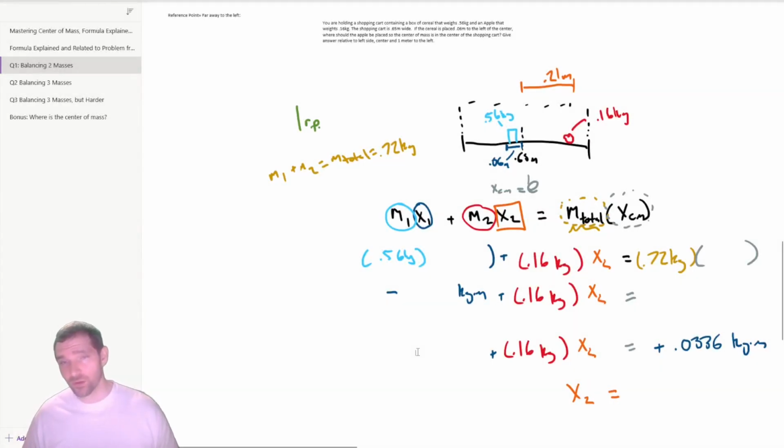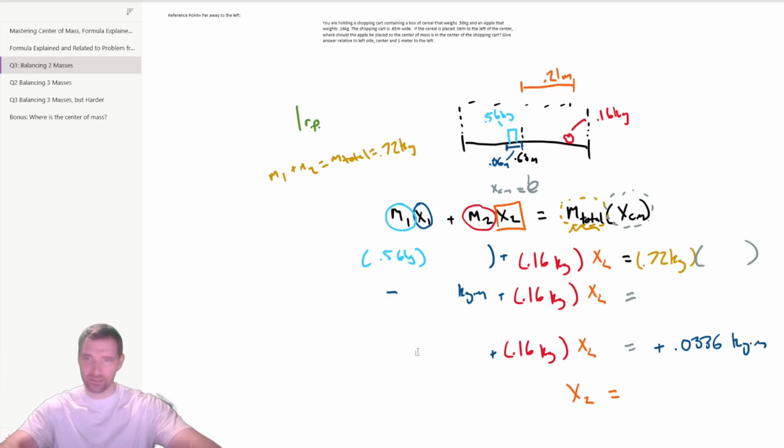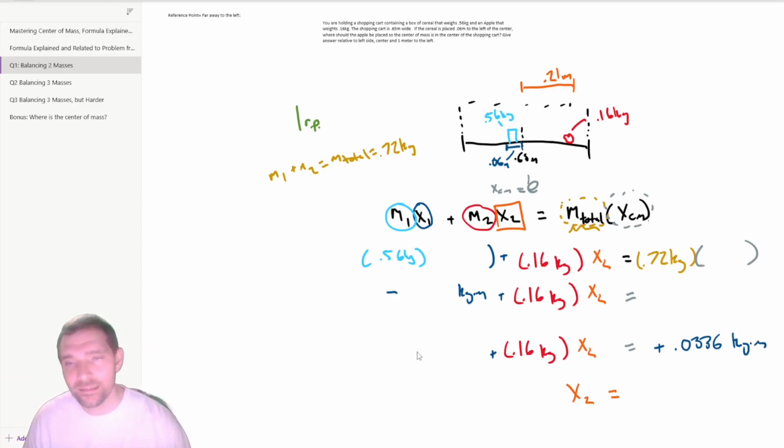Similar to before, we've changed the reference point here, so all of our distances are going to be different, but we still have the same masses, and the objects are still in the same places relative to each other. We're just looking at it from a different perspective. We had previously stated that this distance from here to there was 0.3 something.